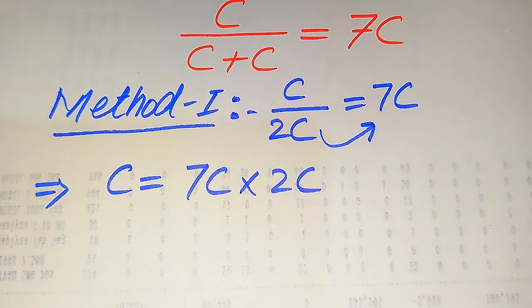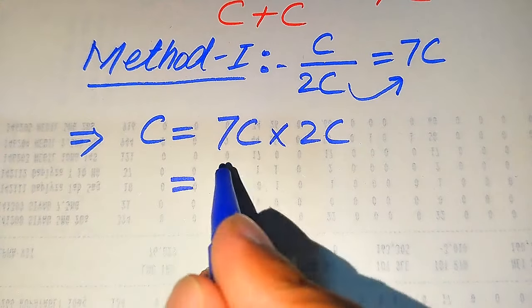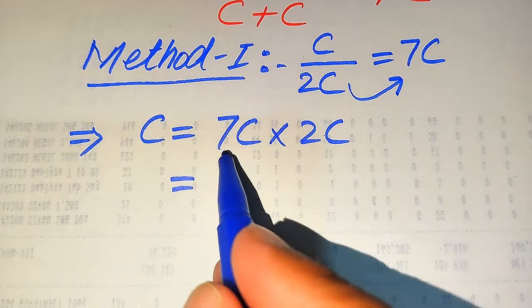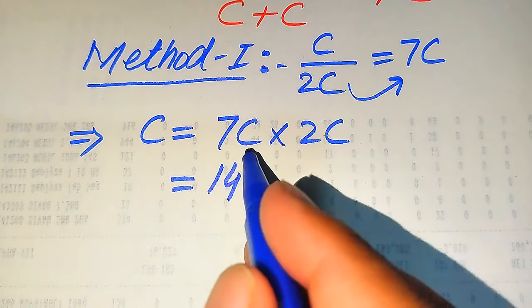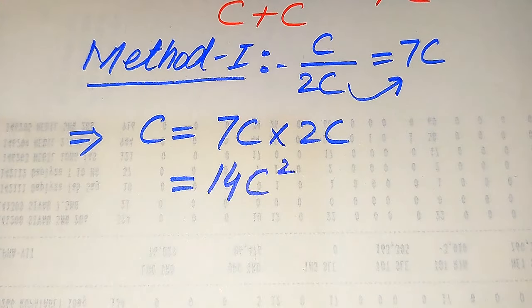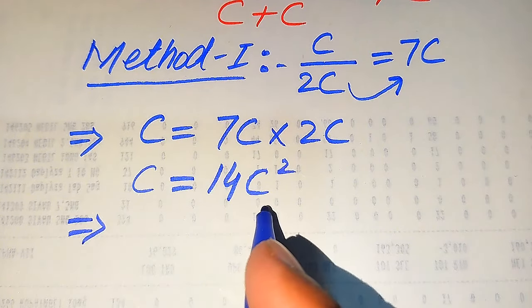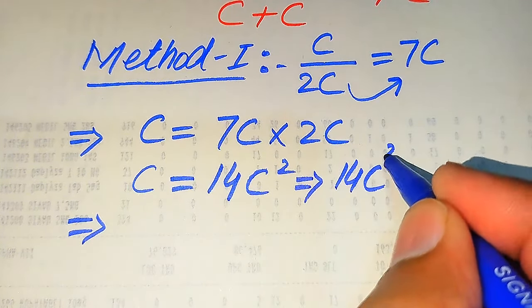And further in the next step we need to multiply the constant values with constant values and variable terms with variable terms. So here we have 7 times 2 becomes 14, and c multiplied by c becomes c square, and in the left hand side we have only one c. So here we move this c to the right hand side, and it will be written as 14 times c square.